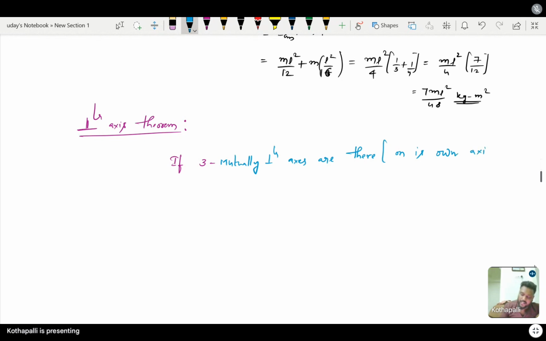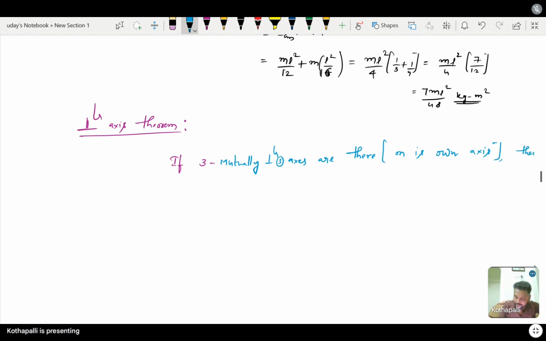Own axis definition I have already given. Already told about own axis: it goes through the center of mass and must be perpendicular to the plane of rotation. So three mutually perpendicular axes are there, out of which one must be own axis.